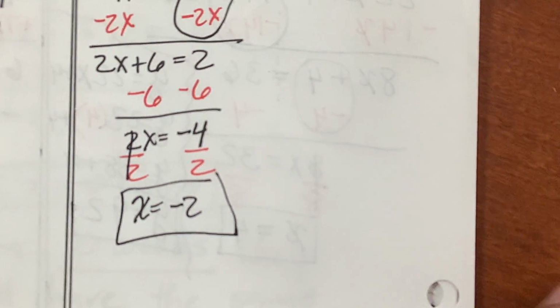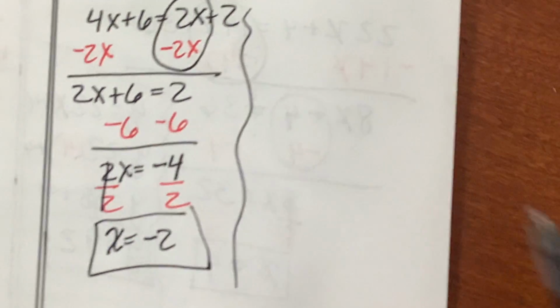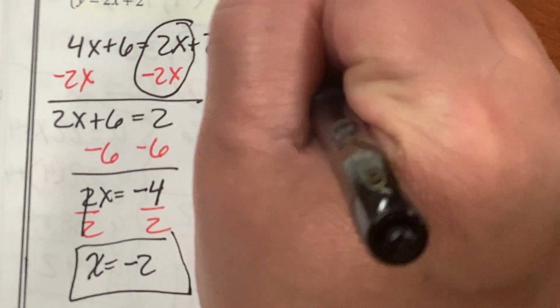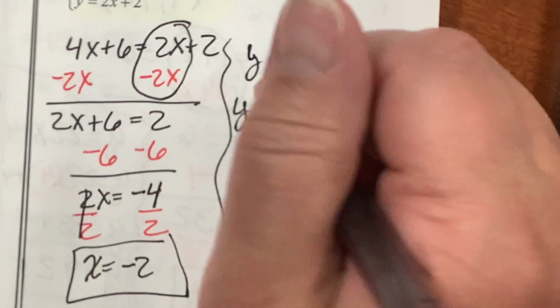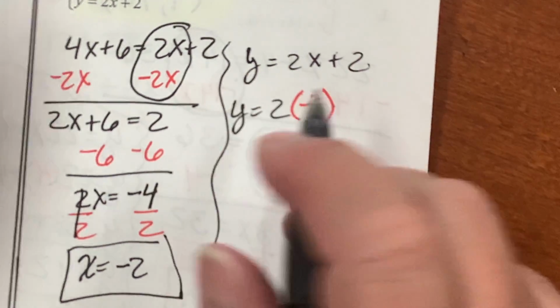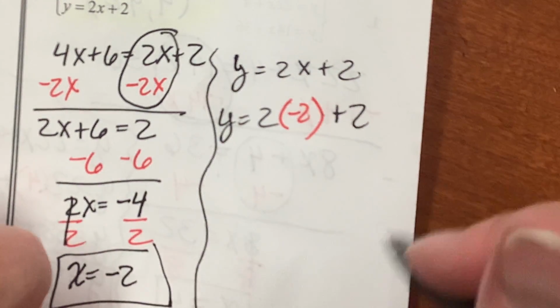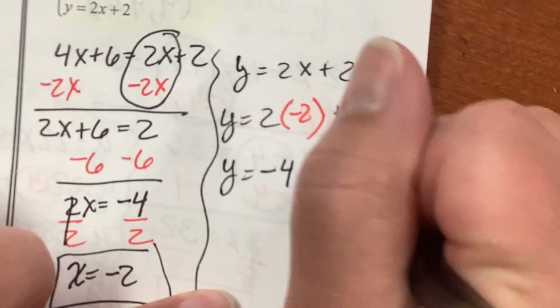All right. So then I just have to pick one of the equations. Last time I took the top one. This time I'll take the bottom one because it just doesn't matter which one you choose. y equals 2x plus 2. y equals 2 times -2 plus 2. 2 times -2 is -4. y equals -4 plus 2.